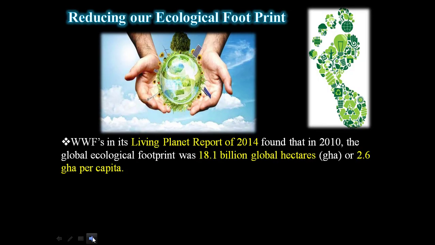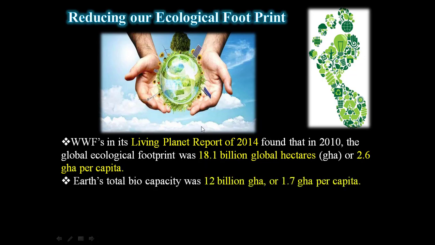WWF, in its Living Planet report of 2014, found that in 2010 the global ecological footprint was 18.1 billion global hectares, GHA, which is 2.6 global hectares per capita.